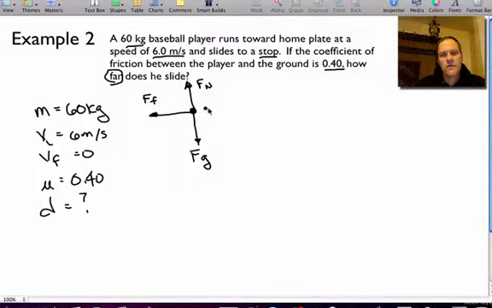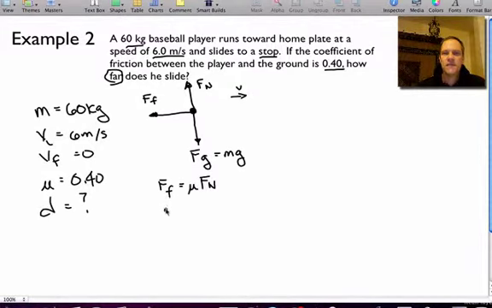He's not running forward anymore, so his velocity was going this way, but he's stopping, so velocity is not a force. So that's our free body diagram. And remember, the force of friction is equal to mu times the normal force. So we have the mu. Normal force will equal the weight, and remember the weight is mass times gravity.